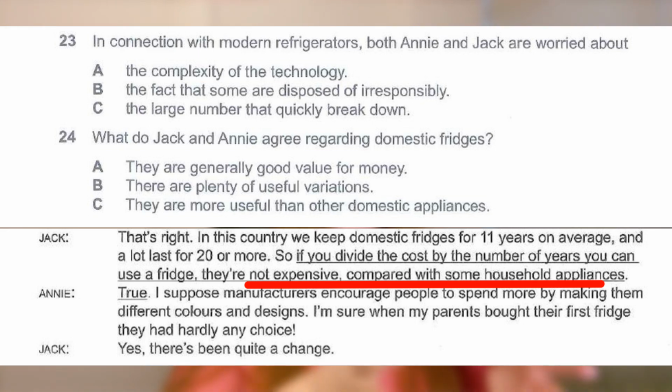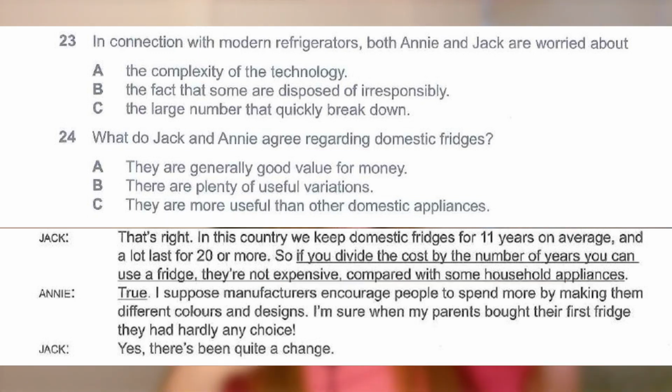So if we look at our C answer, we can see that they compare whether or not fridges are more useful than other domestic or household appliances. In C answer, they don't compare their price. That's why C is wrong. A is close to us because she said true. She confirmed his opinion. And then she says that manufacturers use different colors, designs, and I'm sure when my parents bought their first fridge, they had hardly any choice.